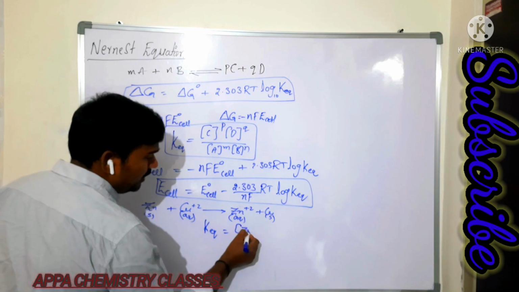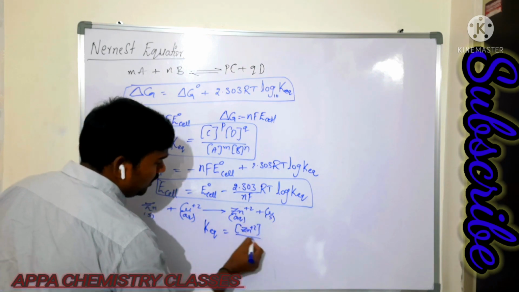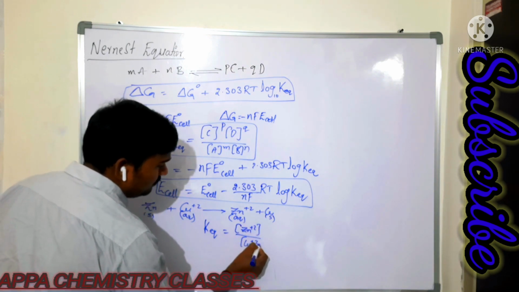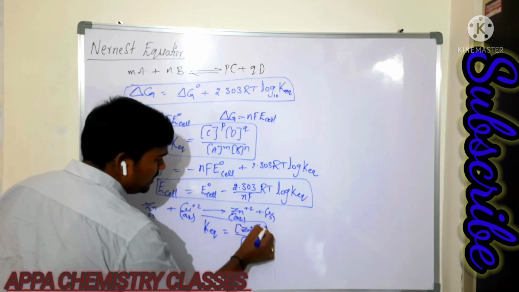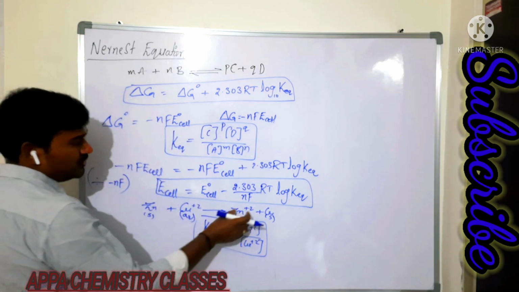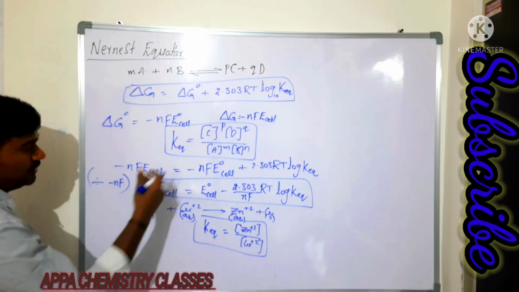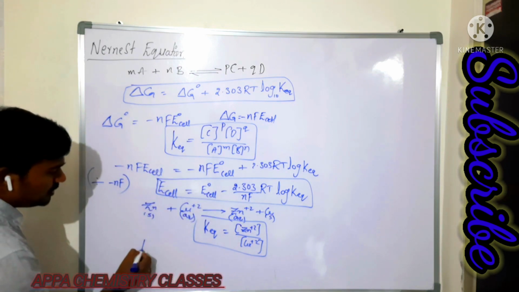So K equilibrium is Zn2+ by Cu2+, the concentration of product by concentration of reactant. Just substitute this in the above equation, then what happens?